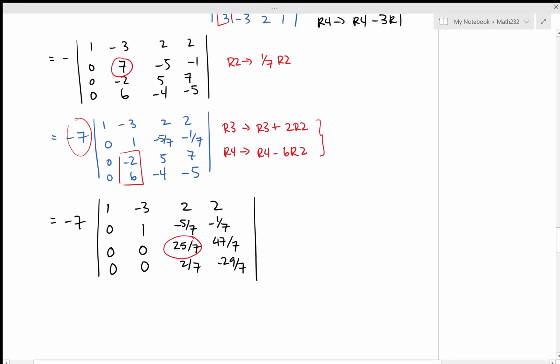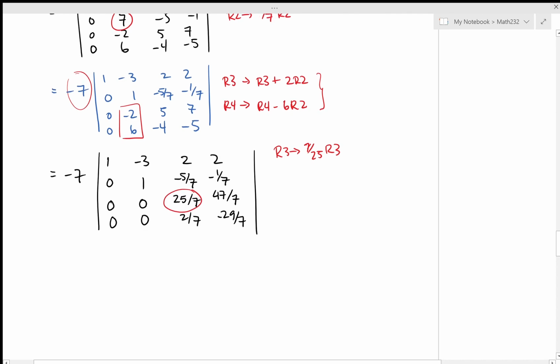And in order to do that, I'm multiplying by 7/25, but thinking of this as I am factoring out the 25/7. So I have to make sure I keep account of that. So my row operation here is R3 becoming 7/25 of R3. But I have to keep track of that in the determinant here, so I'm going to do this in red.